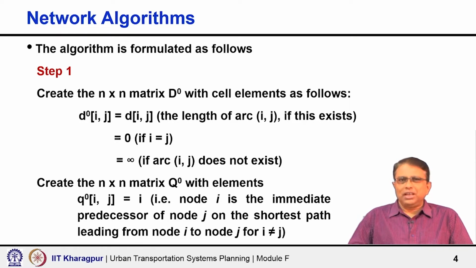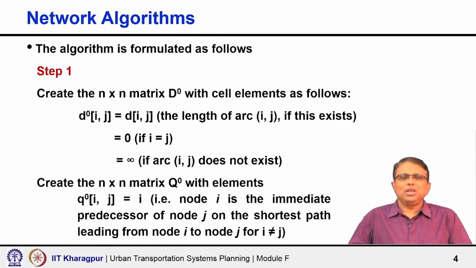If there is no direct connection, then we do not know, so I assume the cost as infinity. That means for 1 to all other nodes, the target or destination nodes, the predecessor is i.